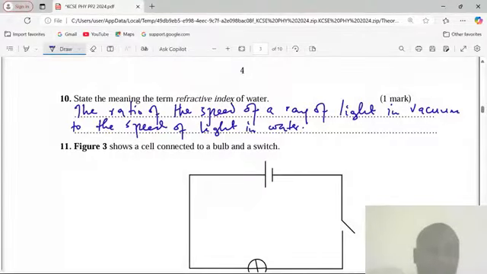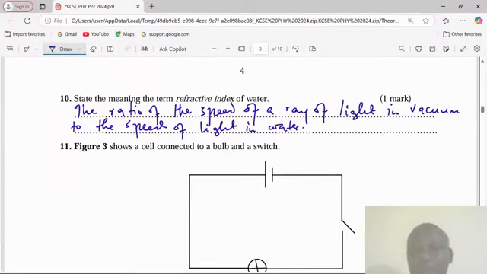Actually, we can find refractive index from very many perspectives, because we can also talk about it as the reciprocal of the sine of the critical angle as light traverses from air into water, because water is denser.